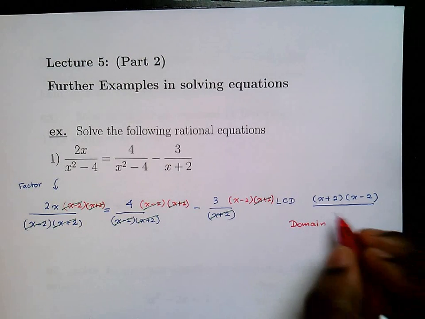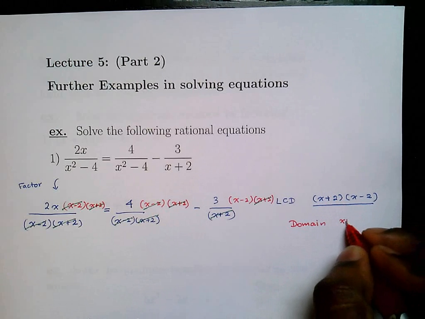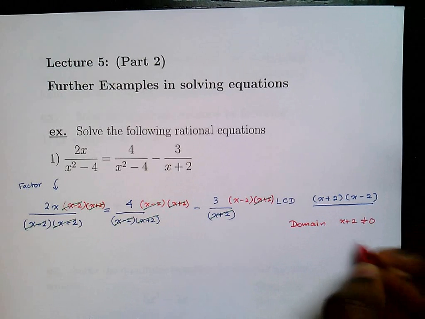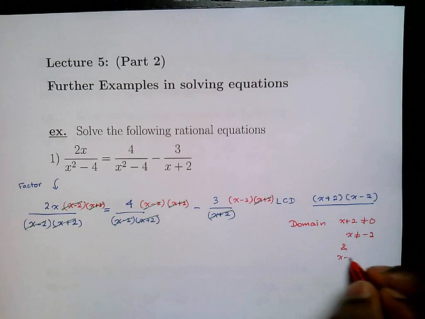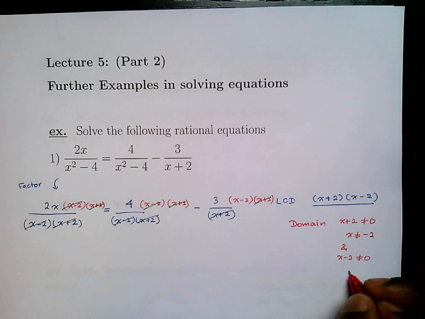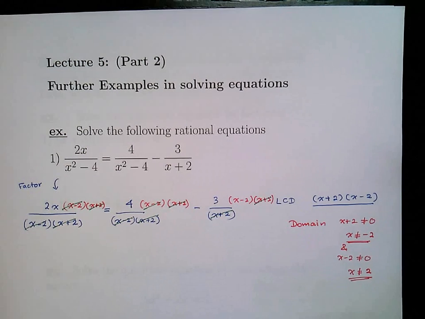You look at the least common denominator, this factor cannot be 0, so x plus 2 cannot be 0, so that would mean x cannot be negative 2, and x minus 2 cannot be 0, that would mean x cannot be 2. So if you get these two as the answers, these are extraneous.